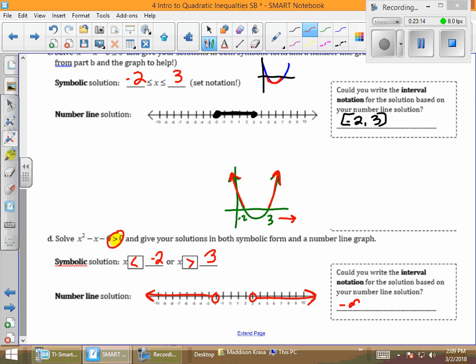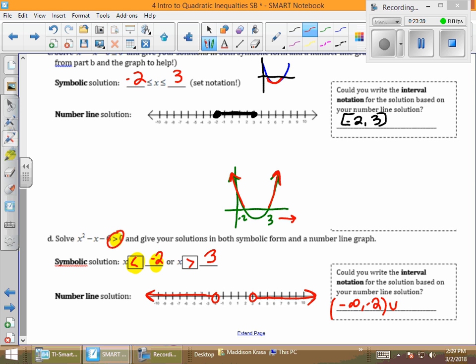Negative infinity. So that's negative infinity to -2. Infinity always gets a parenthesis. What does the -2 get? Does it have equal to? No. It's just x is less than right here. So that should get a parenthesis on it.